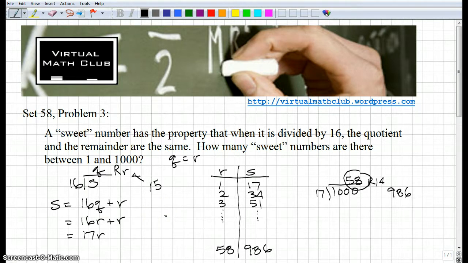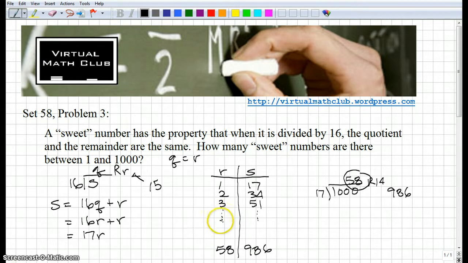So 17 times 16 would be 16 times 16 plus 16, but when you divide that by 16, you get a remainder of 0. So the remainder and the quotient would not be the same.